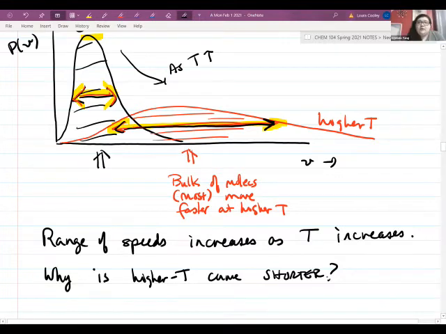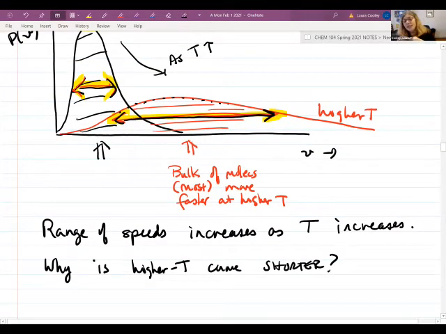It would be less likely for a greater number of molecules to be moving at the same speed. Well, you're right in the sense that these numbers are all pretty small. So each separate speed will be less likely, right? But that's because you have this greater range.